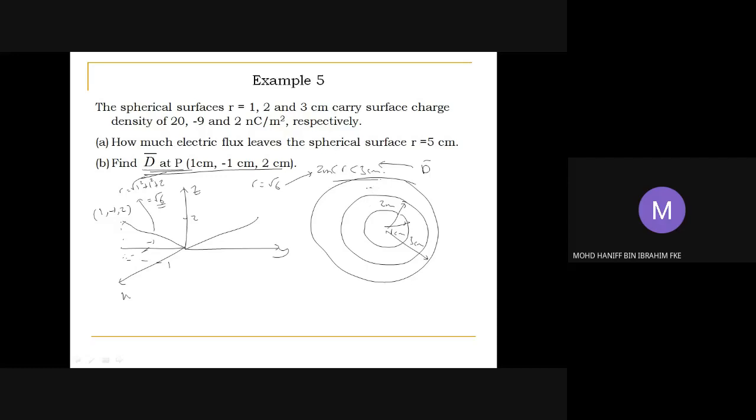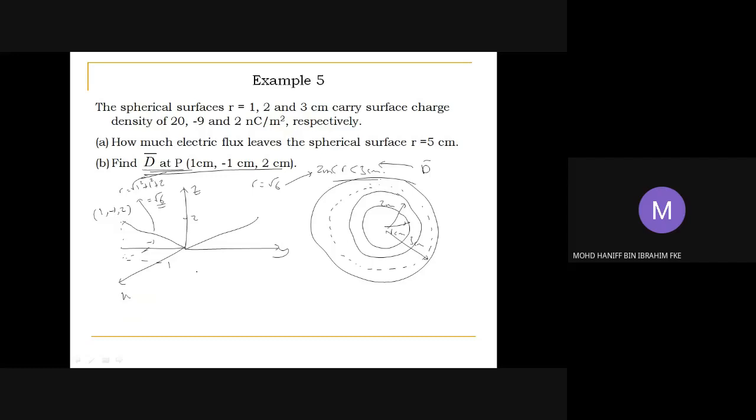So let us sketch the Gaussian surface. As we have learned before, the Gaussian surface to be used here will be a sphere. Okay, so that should be our Gaussian surface to be used between 2 and 3 centimeter.